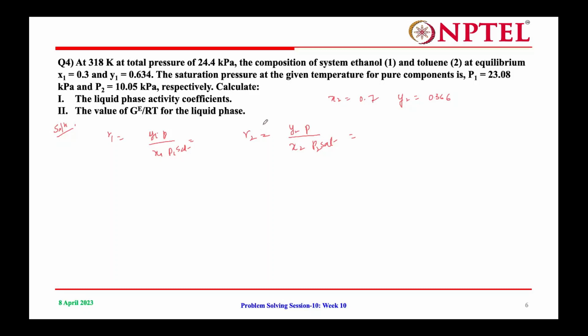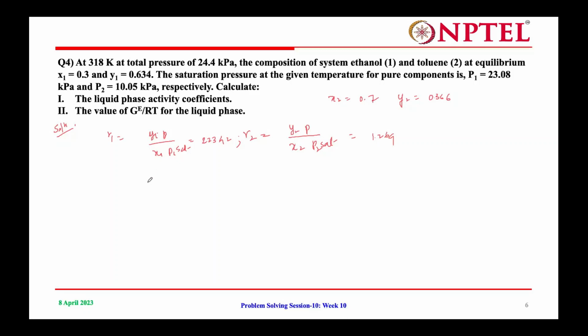So the activity coefficient for ethanol is 2.2342, and for toluene 1.269. Now the second part, the value of G by RT.